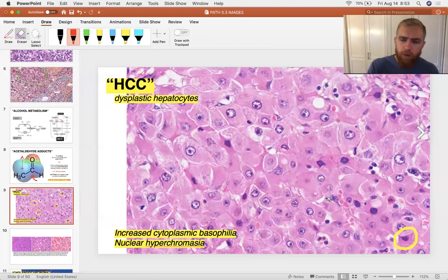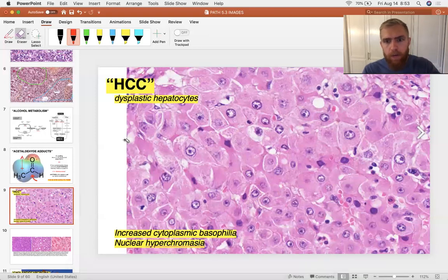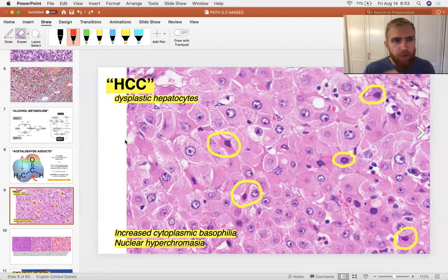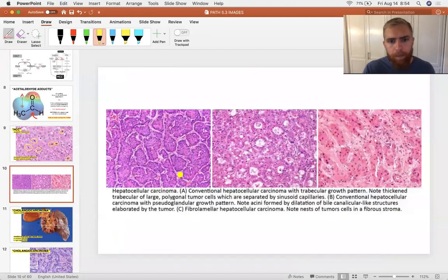I'll get rid of those annotations and let you take a look at it. Then we'll pop them back up on the screen there, and it's like, yeah, those star-looking cells. Here's another one right over here. That's clearly a dysplastic hepatocyte right there in the middle. That's another one. So judging off of the color of the cytoplasm and the density of the nucleus, those 2 factors are going to help you pick out cancerous hepatocytes from the crowd.